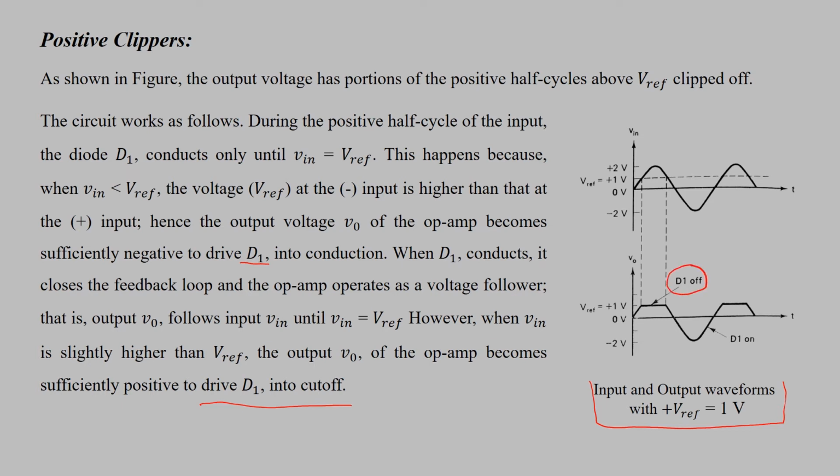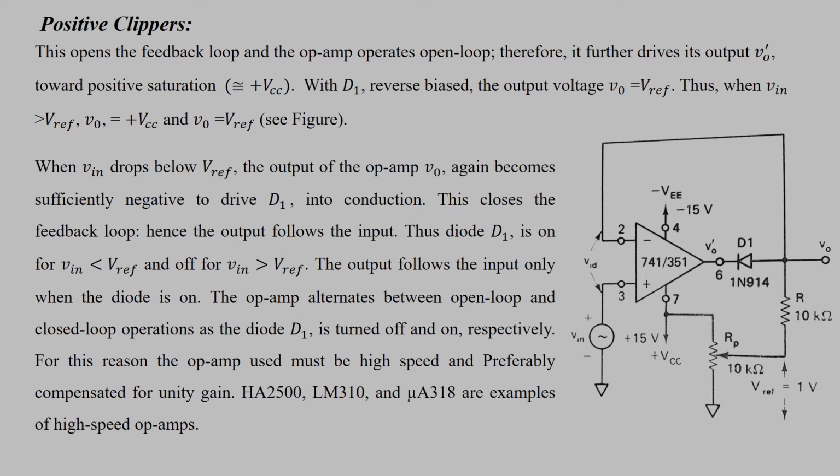When D1 is off, the feedback loop opens and the op-amp operates in open loop.